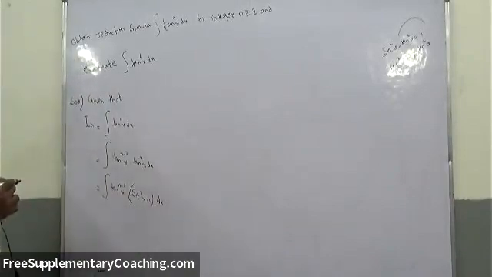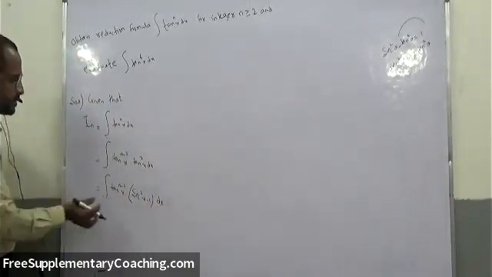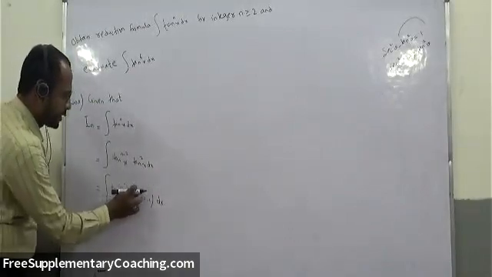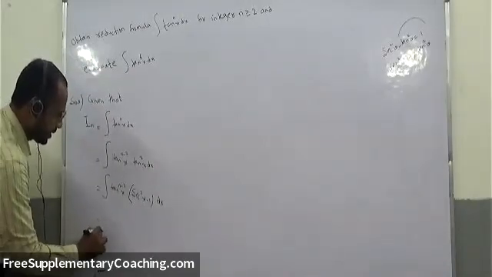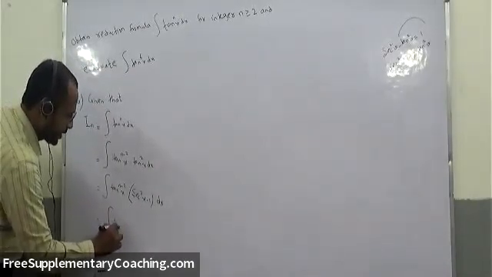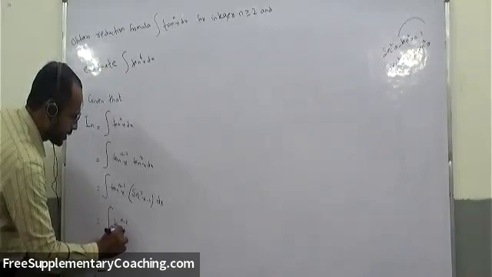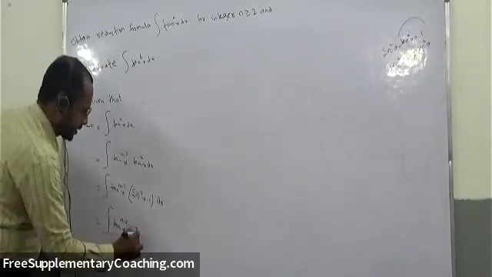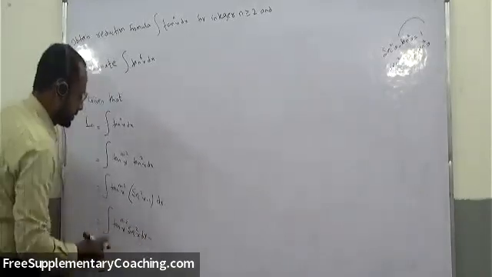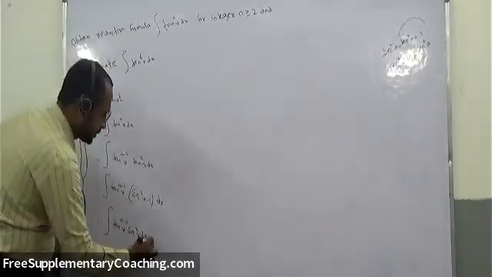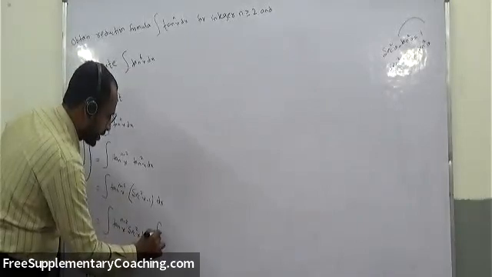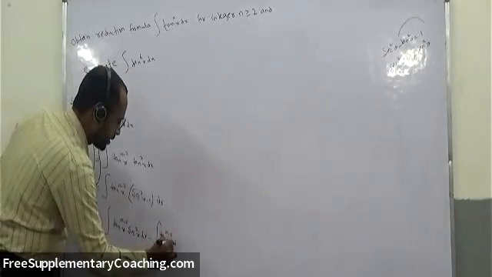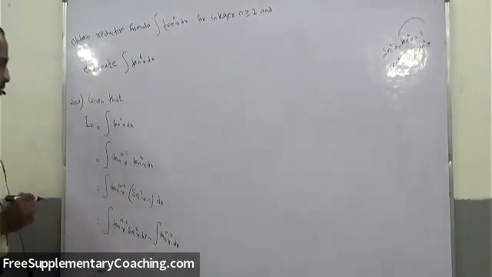Okay, so now just separating the terms: integration of tan power n minus 2 x into secant square x into dx, minus integration of tan power n minus 2 x into dx as it is.